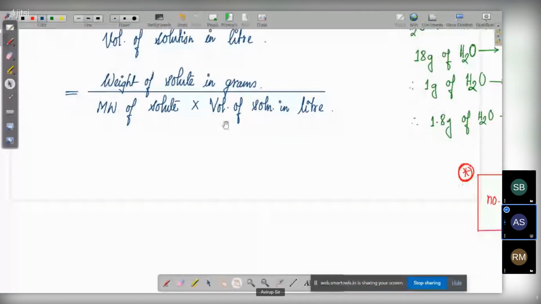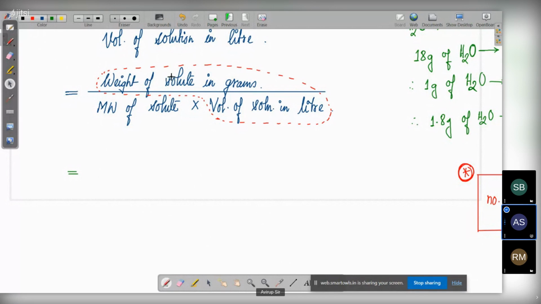Now, weight by volume of a substance, this is known as the strength of solution. So weight of solute divided by the volume of solution, this ratio is known as the strength of solution.